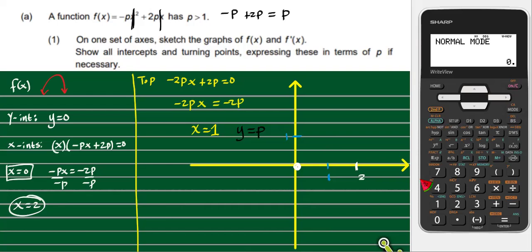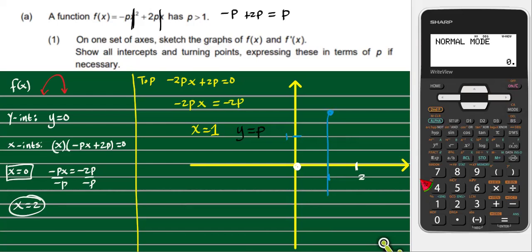They say p is greater than 1, because here x is 1, y is greater than 1. So I'm supposed to do it this way. It must turn somewhere there above, by the dot.